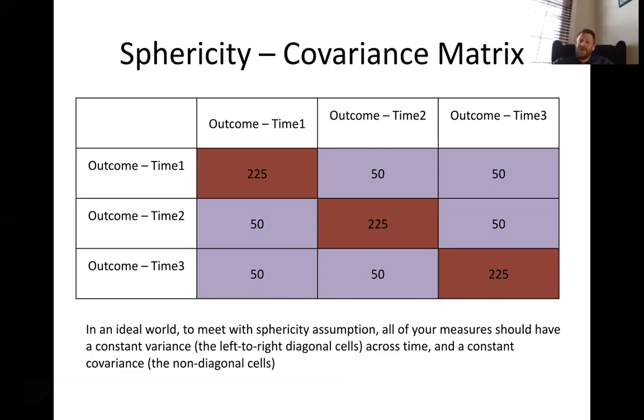And this is a strong assumption, especially when you imagine time one might be a year apart from time two, which might be a year apart from time three. A lot of things can happen in a year, right? And it's hard to make the assumption that those different intervals of outcome are going to result in this kind of predictable pattern. So that is a tough assumption.